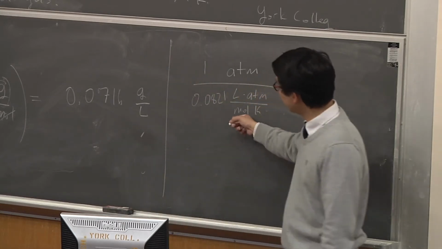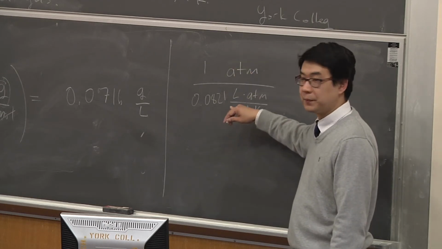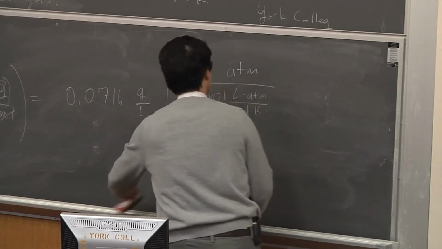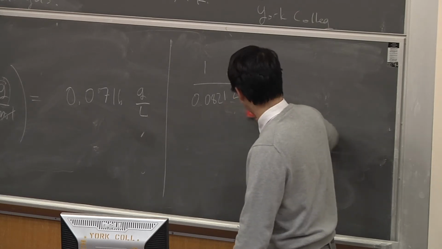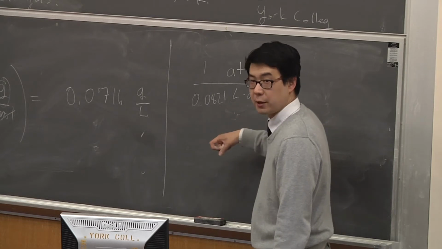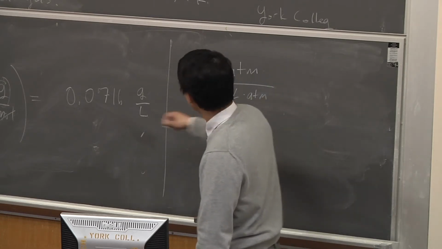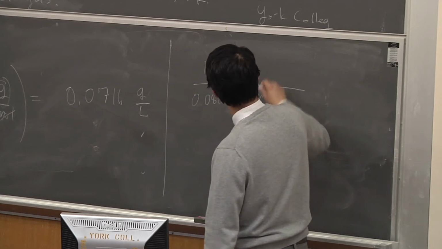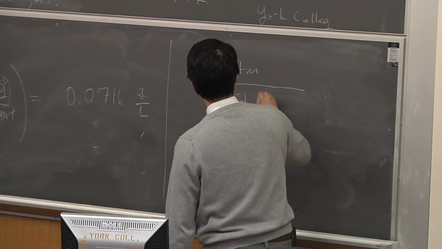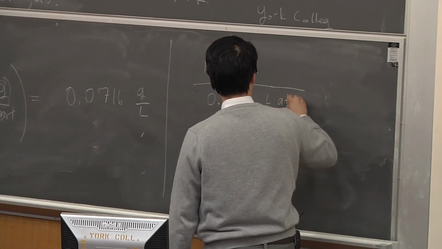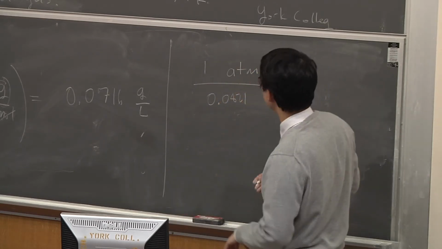When you have something like this, it's kind of strange, because you have something over something that's under something. Another way to think about it is whatever's in the denominator of the denominator goes into the numerator. So the whole thing flipped when you put it in the basement.